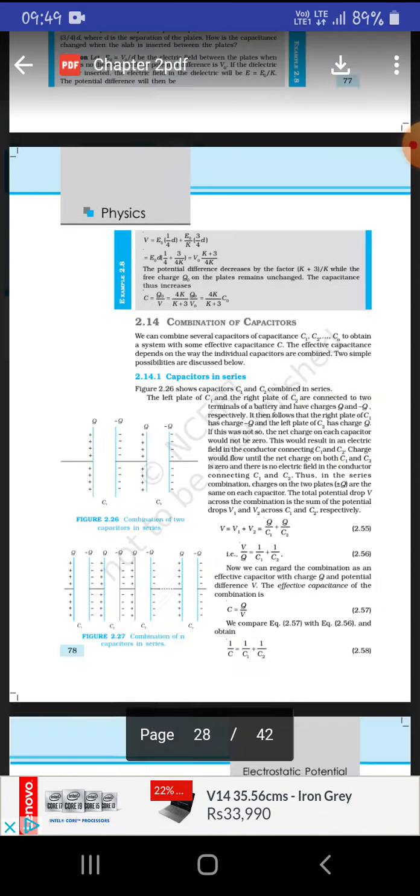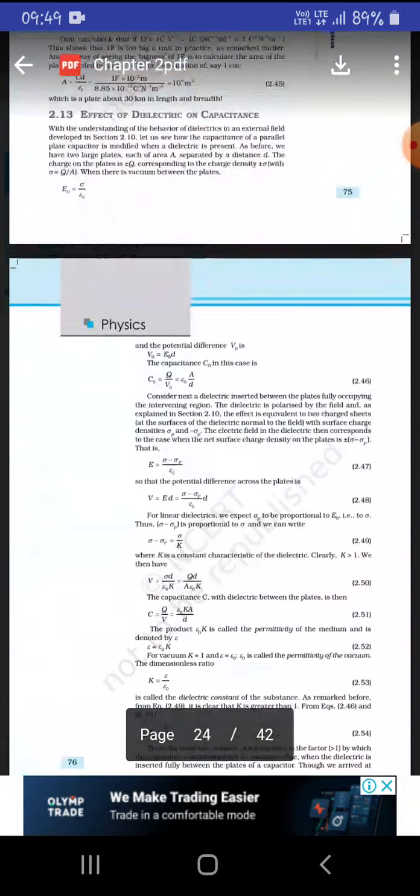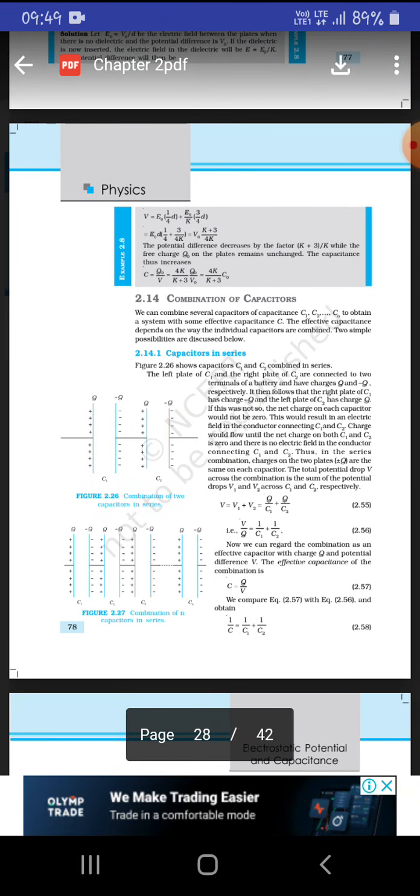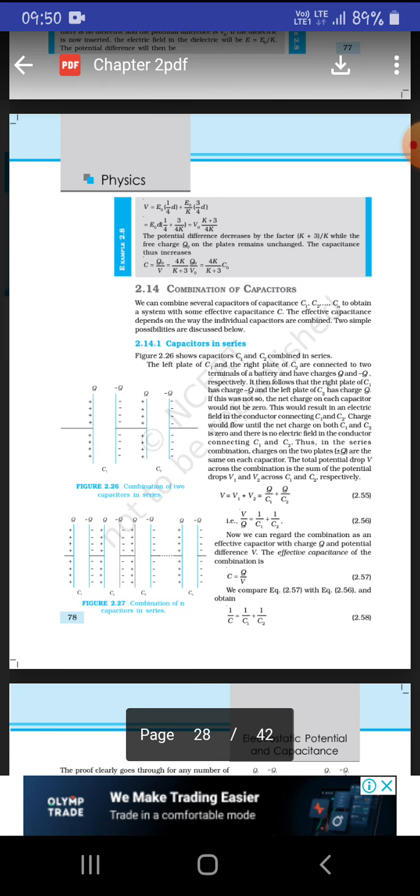Next is the combination of capacitors in series. Here is a combination of two capacitors in series, with positive and negative charges.